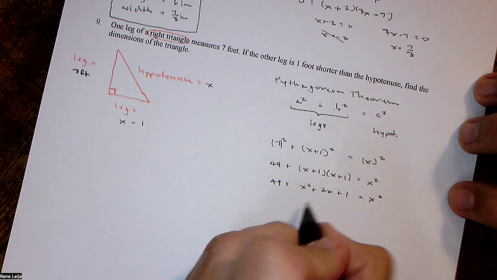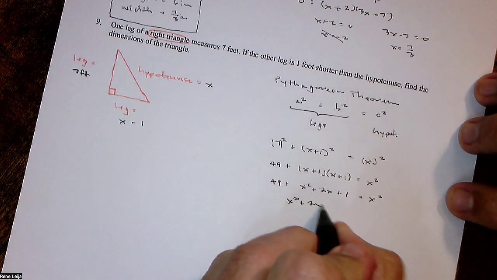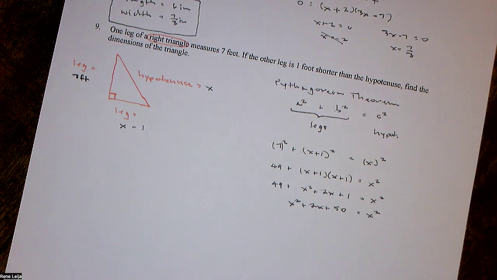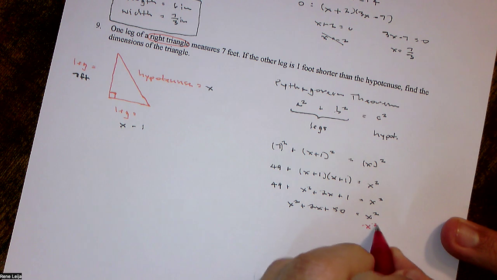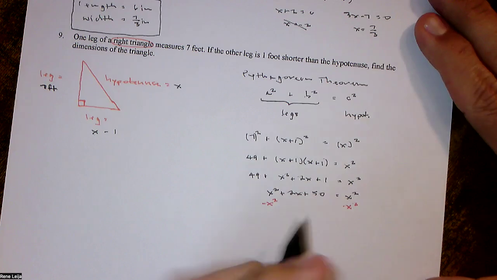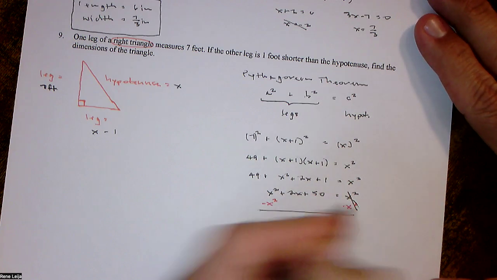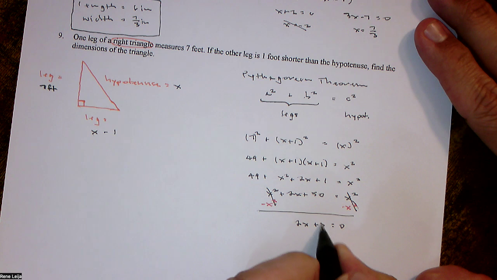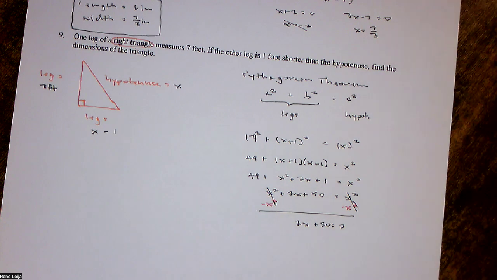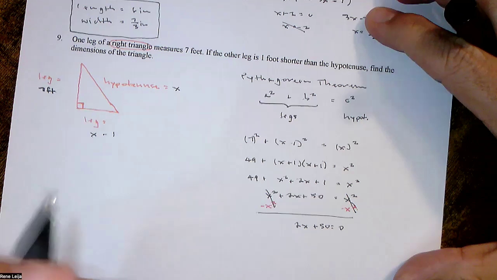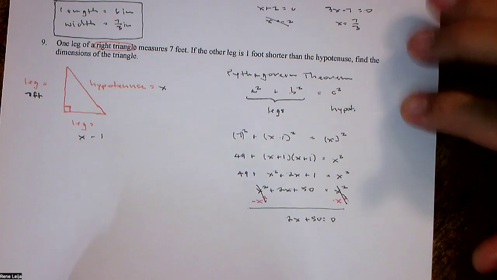Okay, so we're going to clean up each side. So x squared plus 2x plus 50 equals x squared. I have to set this equal to 0. So when I do that, I'm going to move this x squared to the other side. Okay, hang on a second. Oh, my fault. Not only does the right side equal 0, but we lost the x squared, which means we don't have a quadratic anymore.